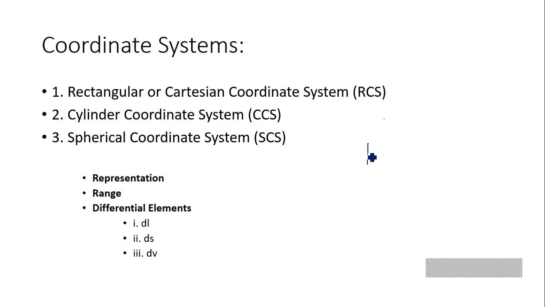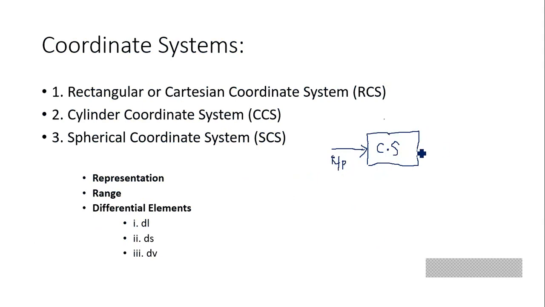Let me create a model like this. Let me call it a system, that is, coordinate system. Every system needs an input, and every system gives an output.